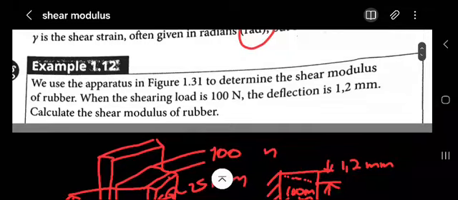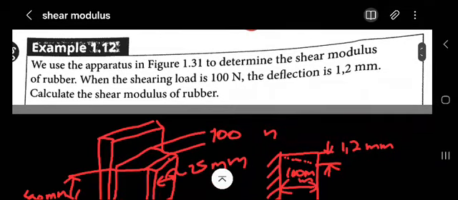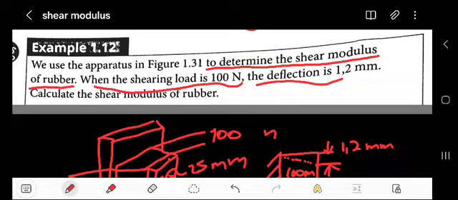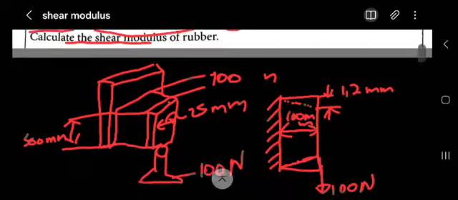So the figure shows this. It says in figure, apparatus 1.13, which I've drawn, to determine the shear modulus of the rubber. When the shear load is given, the deflection is that, calculate the shear modulus of the rubber. Okay, we want to calculate G, which is shear stress over shear strain.